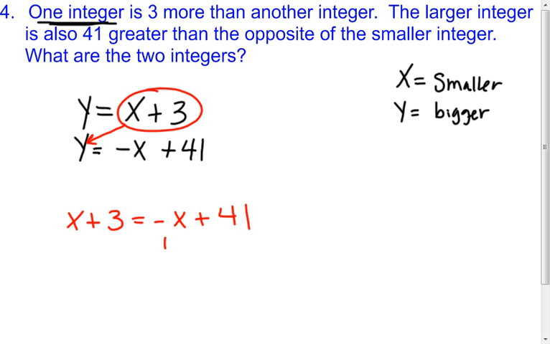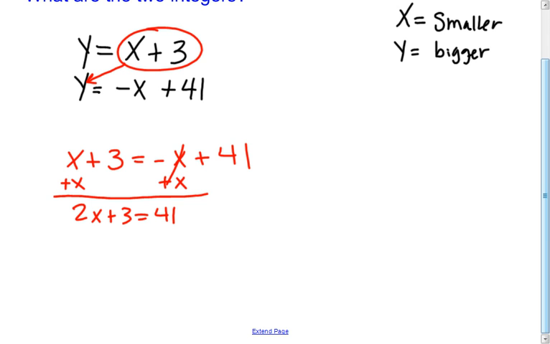Get all my x's to one side, so I will add x here. I have 2x plus 3 equals 41. Subtract 3. 2x equals 38. Divide by 2. And x is 19. Okay.